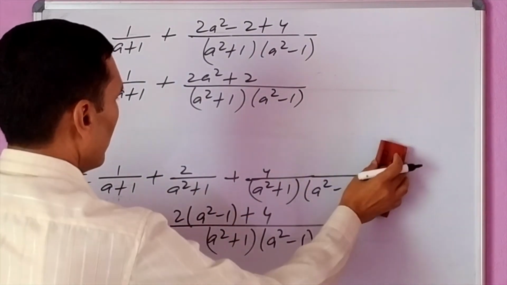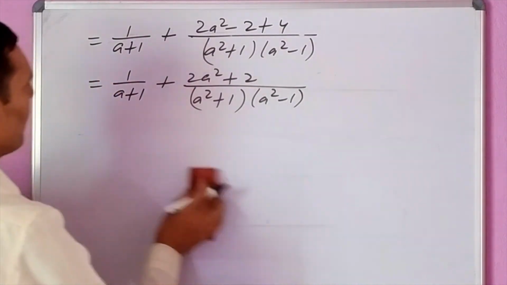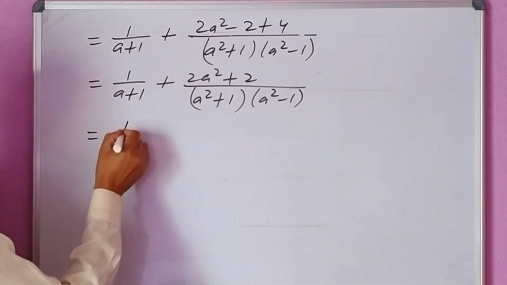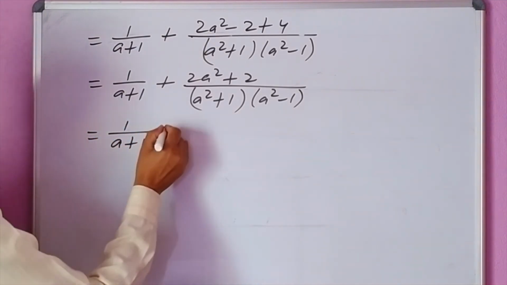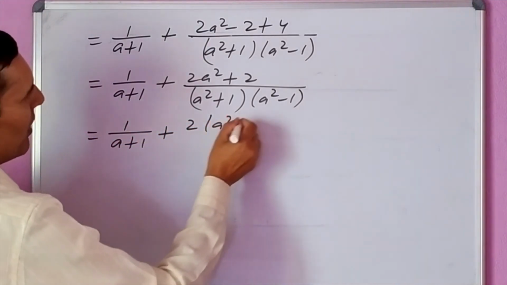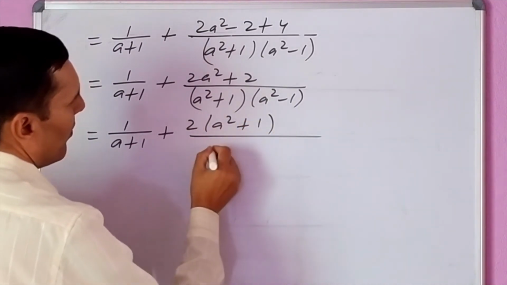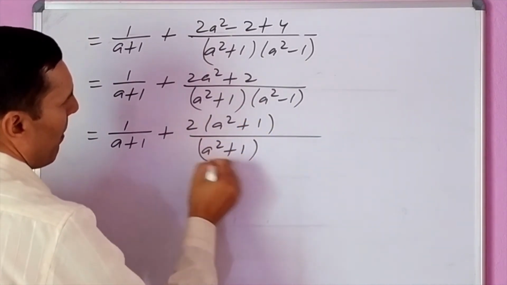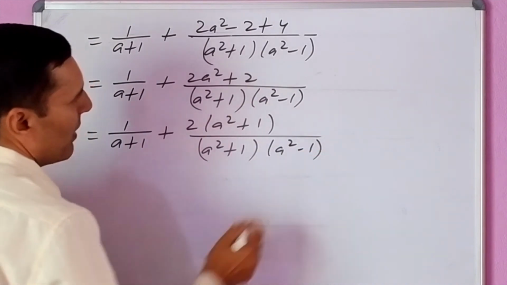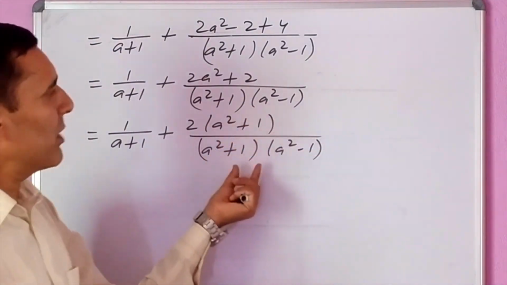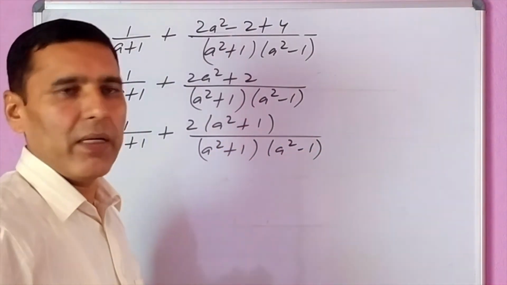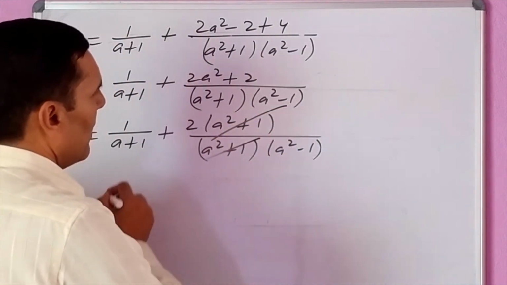Again we take 2 common there in the numerator. 1 upon a + 1 plus 2 common, (a^2 + 1) upon (a^2 + 1)(a^2 - 1). So again we have a^2 + 1 both in numerator and denominator, which can be cancelled.